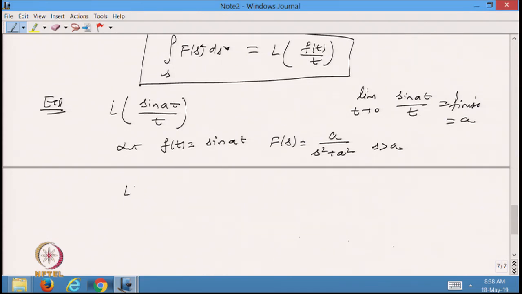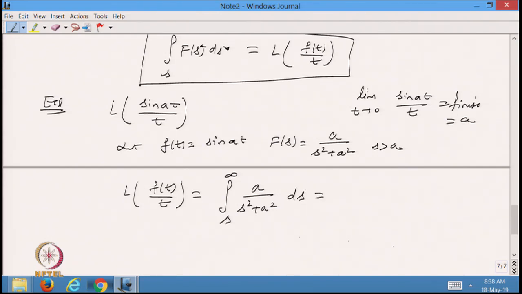Now, I want to find the Laplace transformation of my f(t) over t. So, in that case I will do the integration from s to infinity, and then my F(s) will be this one. So, it will be the integral of a over s square plus a square ds. I can write it also like this, or otherwise I put the star here because this is the indexing.